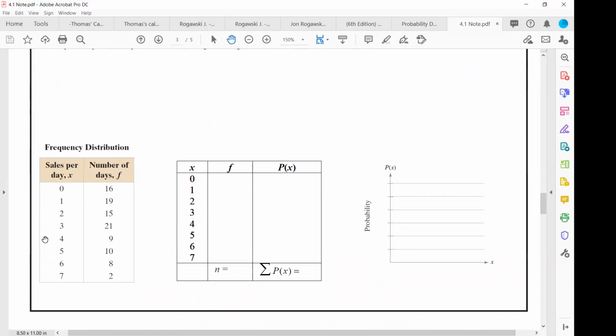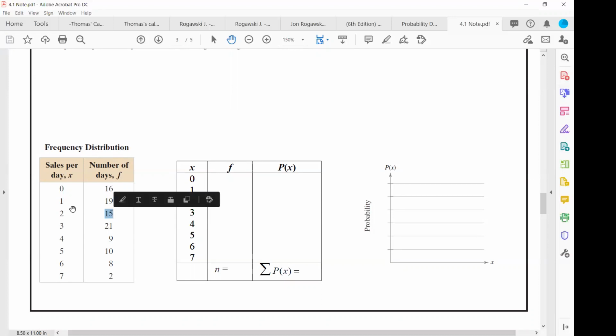As you can see, your left column is representing X values. X can be 0, no sales. X can be 1, 1 sale. X can be 2, 2 sales, 3 sales, 4 sales, 5 sales, 6 sales, and 7 sales. The number of days: 16 days that new employee sold nothing. 19 days that employee sold one item.